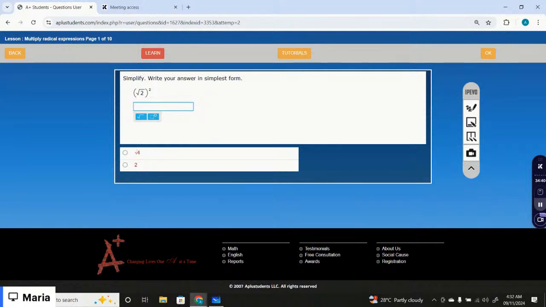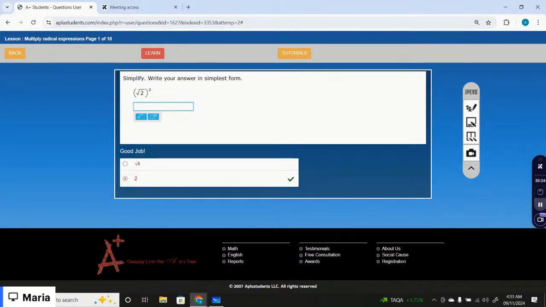We are left with, the correct option is option number 2, that is 2.